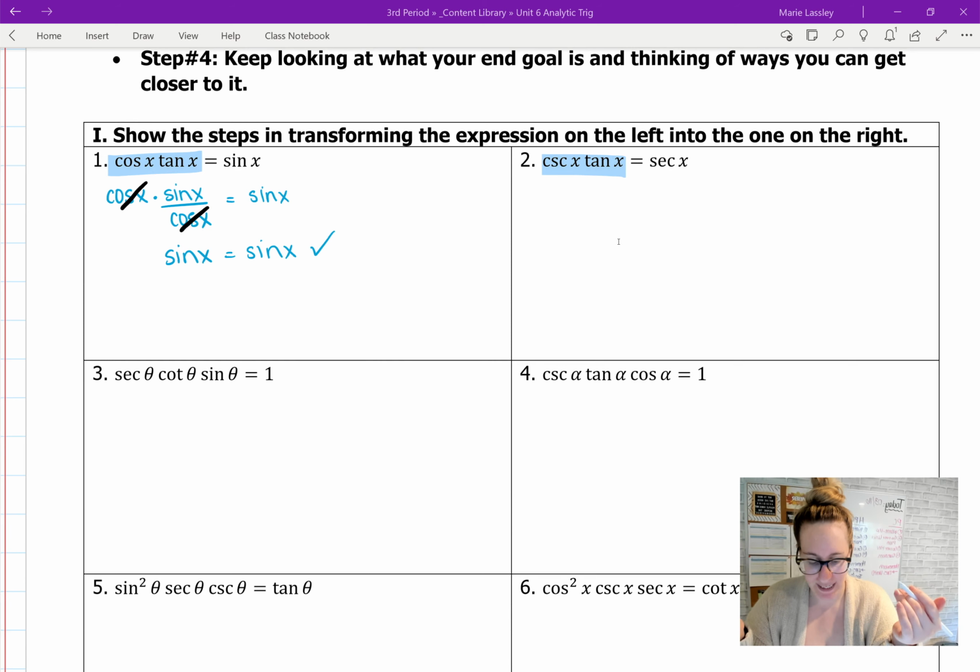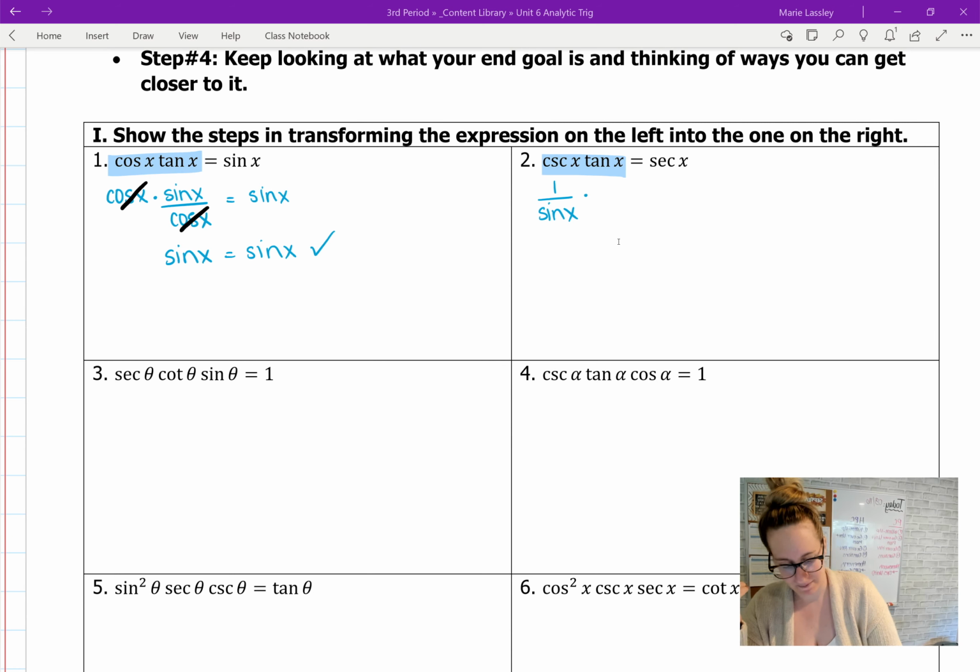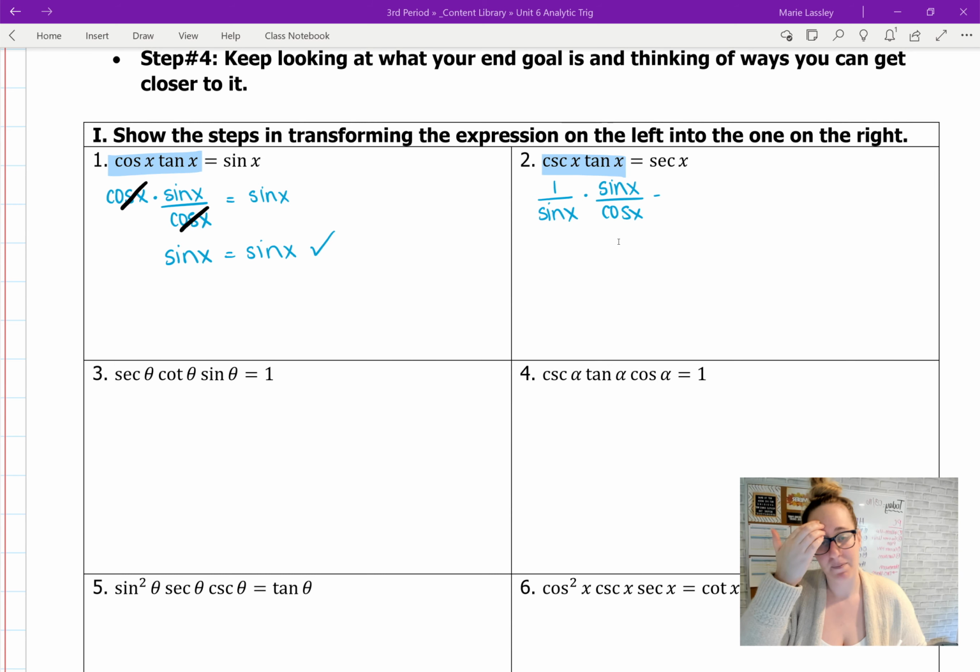So I have cosecant times tangent. Again, I'm going to change everything so that it's in terms of sine and cosine. So cosecant is 1 over sine x. And then tangent, like we just did in problem number 1, can be written as sine over cosine. And again, I want this to equal secant x.